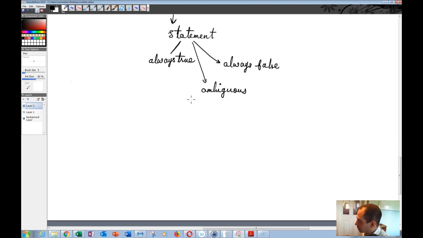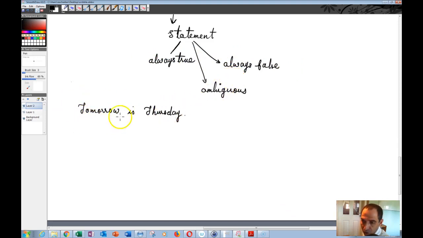A statement can be ambiguous when not enough context has been given to you. For example, say you say, tomorrow is Thursday. This statement is ambiguous because there is no way to know whether it's always true or always false, because there is no context.